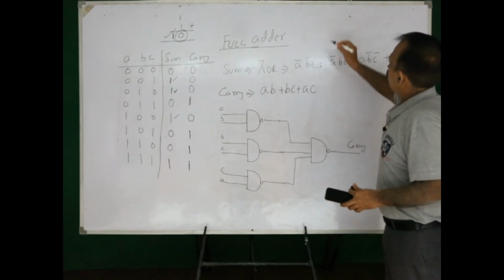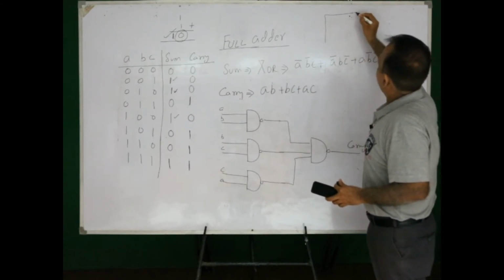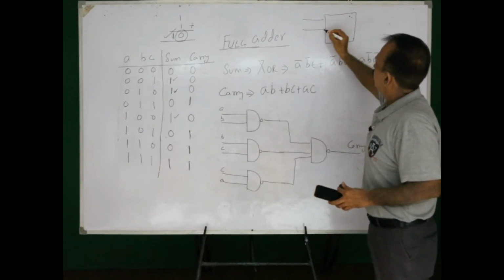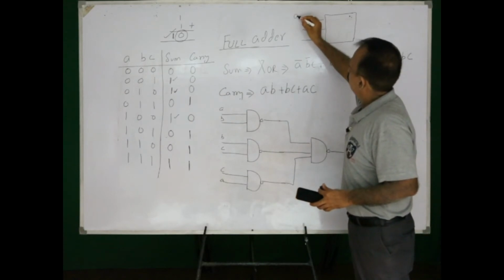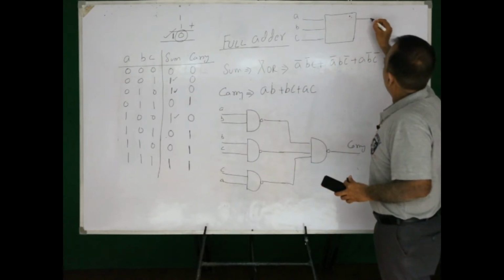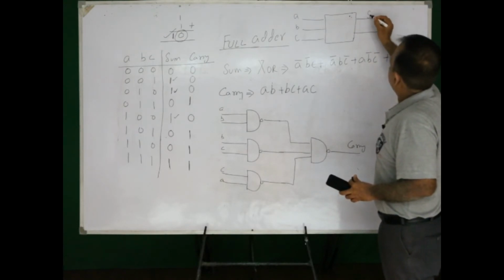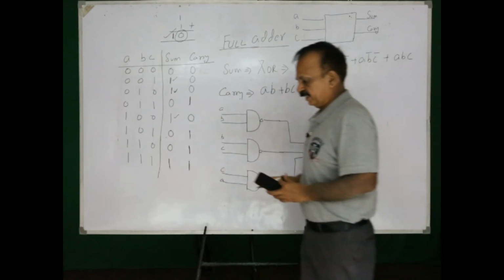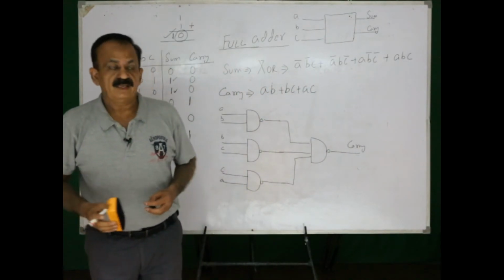No doubt we come to the block diagram, with A, B and C, because a full adder has 3 bits input, and the outputs are one sum and another carry.